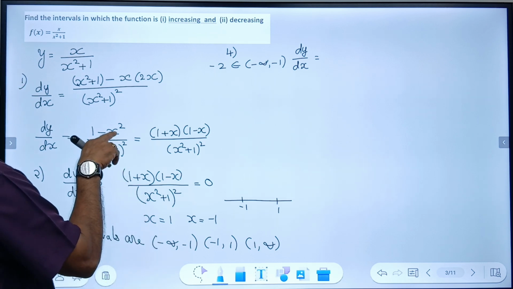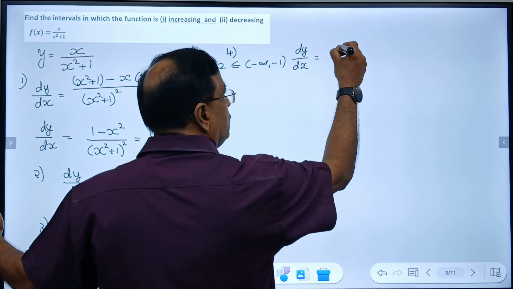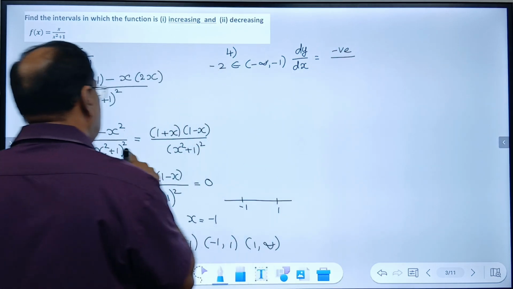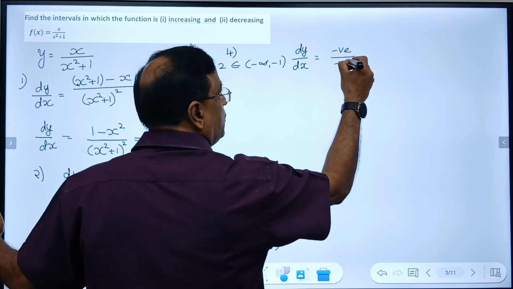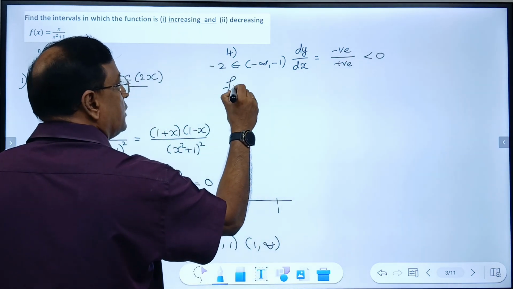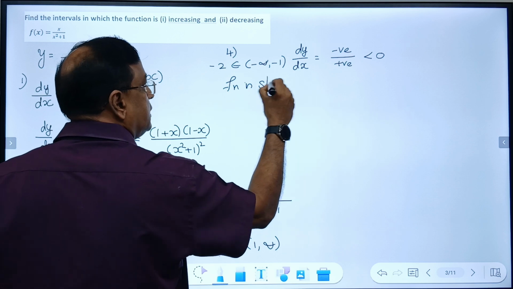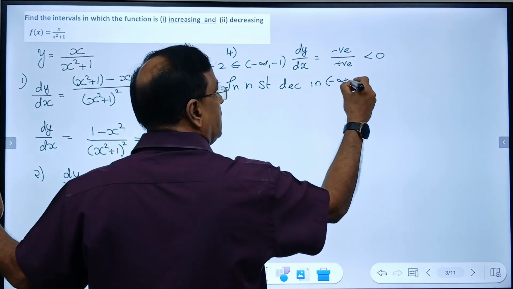So I'll put it here. You get 1 minus 4, which is minus, so it's negative in the numerator. And the denominator is always positive because it is a whole square. So what is negative by positive? It's always negative. Therefore, the function is strictly decreasing. Where is it decreasing? In minus infinity comma minus 1.